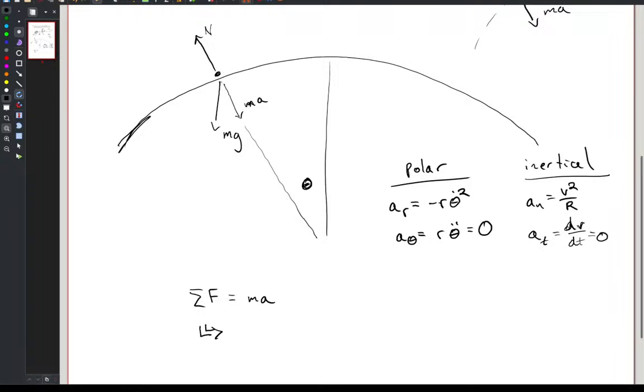As we're looking at this, anytime you have vectors, it's always 2 equations, right? There have to be 2 components. It can be X and Y, left, right, up, down, but it doesn't have to be. We can choose any 90-degree set of components. In this circular problem, it makes sense to use a circular coordinate system.